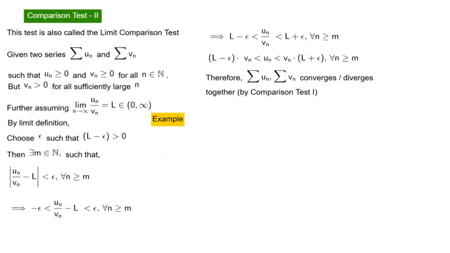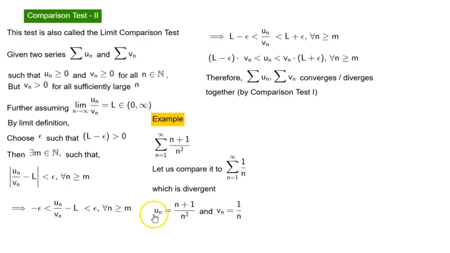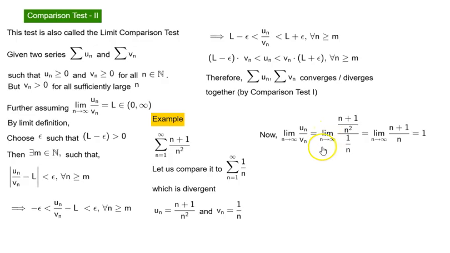So let's look at an example. Let's take the series n plus 1 by n square. Let us compare it to the series 1 by n, which is divergent. So the nth terms of both series are u sub n equal to n plus 1 by n square and v sub n equal to 1 by n. Now let's take the limit of the ratio. The limit as n goes to infinity of u sub n by v sub n is equal to the limit of n plus 1 by n square divided by 1 by n, which is the limit of n plus 1 by n, which is equal to 1.